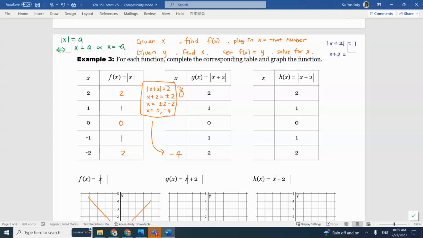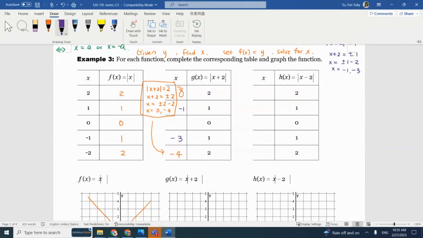Plus or minus 1. Yes, everybody? We break it, we get plus or minus 1. And then we subtract 2. So plus or minus 1, subtract 2. What are they? So we put -1 here and -3 here. Good job, everybody.